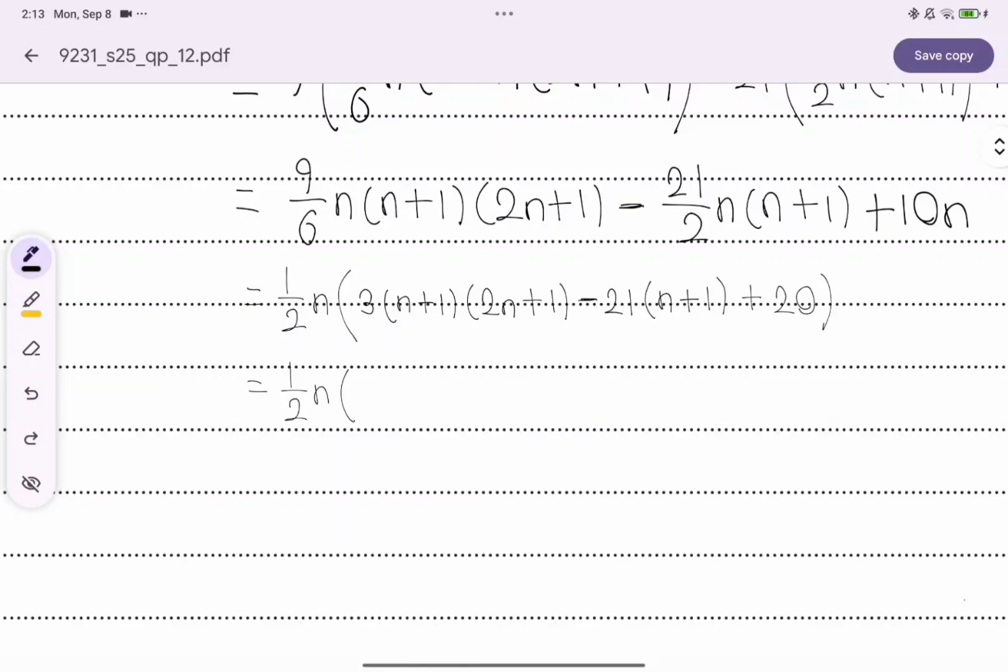And since the second term, 21, is a multiple of 3, we can also factor 3 out. So we'll factor out 3 times n plus 1 from these two terms. Then we'll get 2n plus 1 minus 7 plus 20.